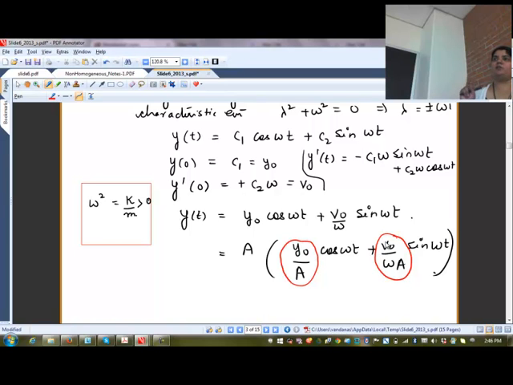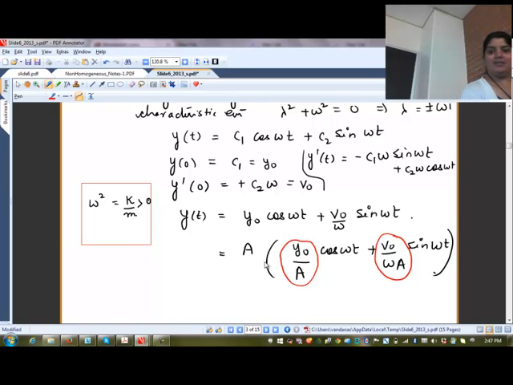Cosine of the sum of two angles involves cosine of each angle minus the sine of each angle, right? And sine of the sum of two angles is sine of the first angle times cosine of the other angle plus cosine of the first angle times sine of the other angle. So like this you have the sine and cosine of sums of angles.